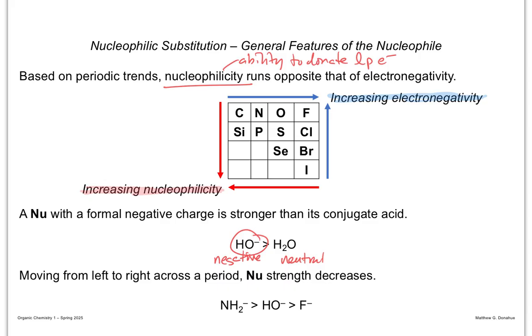And then moving horizontally, comparing different elements but in the same period, nucleophilic strength decreases moving left to right. So NH2 minus is stronger than OH minus, which is stronger than F minus. And again, that's explained by the blue electronegativity trend and the red nucleophilicity trend.